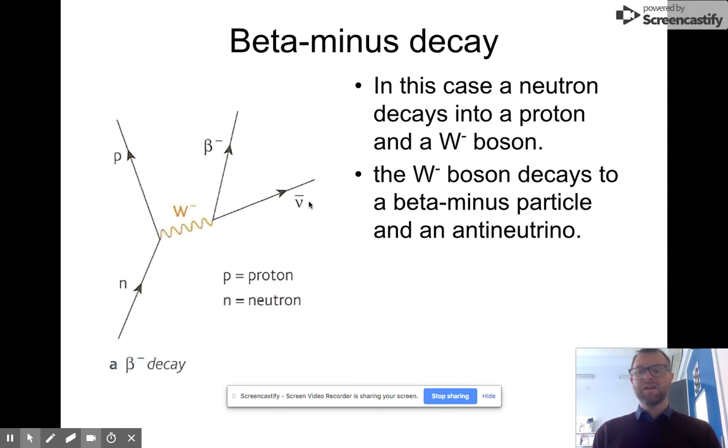And what we see here is the beta- decay particle coming off, and also the additional antineutrino. Remember, we spoke about the difficulties we had in understanding why there seemed to be a continuous array of energies for the beta- rather than specific energies. This is the reason why, because of the antineutrino there.